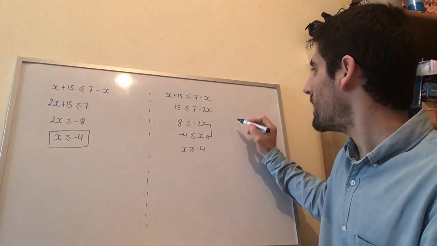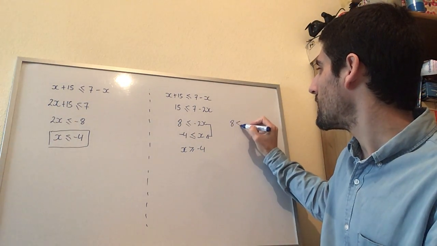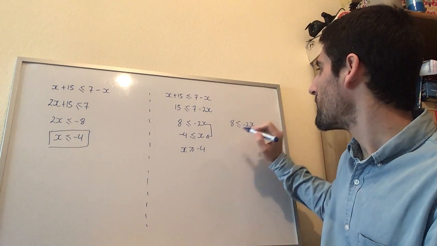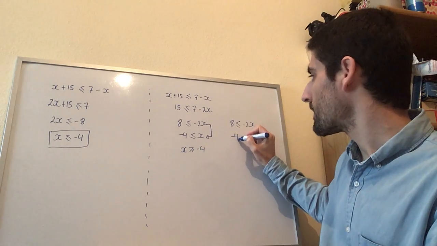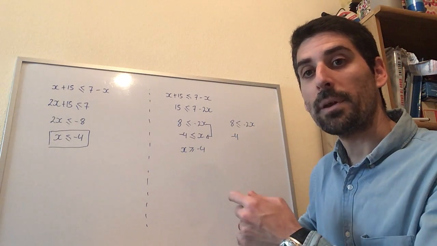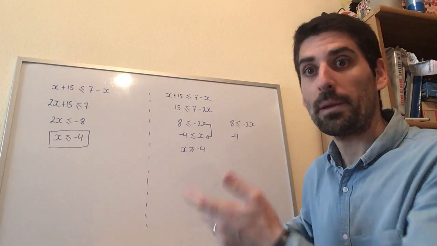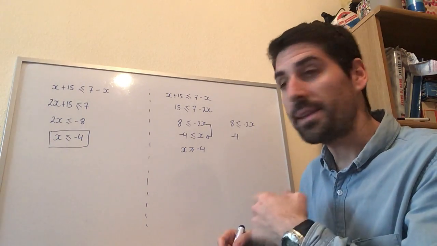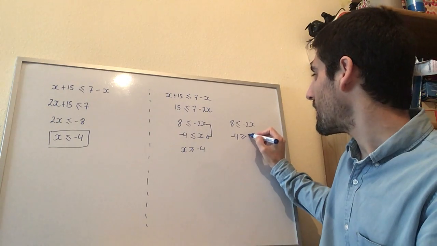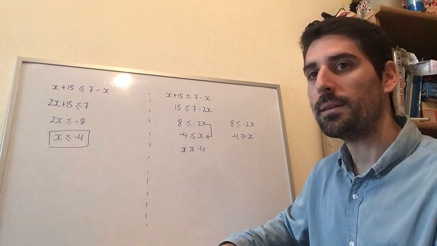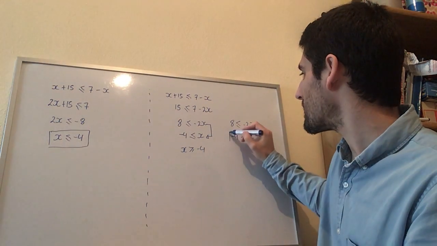What I should have done here, 8 less than or equal to minus 2x, is when I divided by minus 2, I would have done minus 4, and because it's an inequality, and because I've divided, or multiplied, but in this case, because I have divided by a negative number, I needed to have changed the direction of the inequality, and then I would have got the right answer.